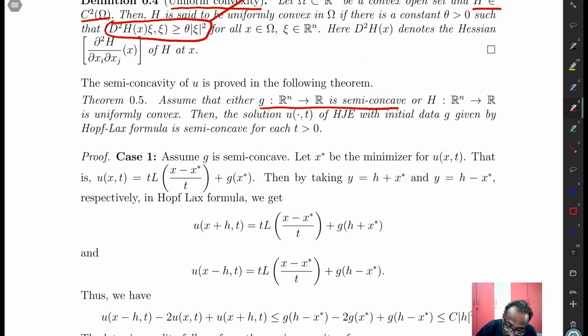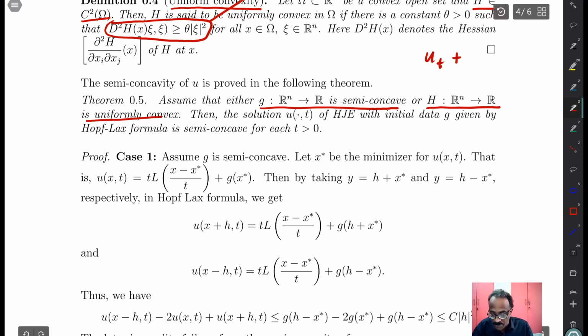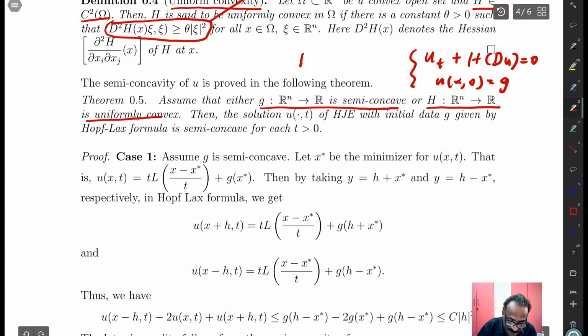Either g is semiconcave or your h is uniformly convex. You recall these are the two data given: h of du equal to 0 and u at x0 equal to g. So h and g are the given data.